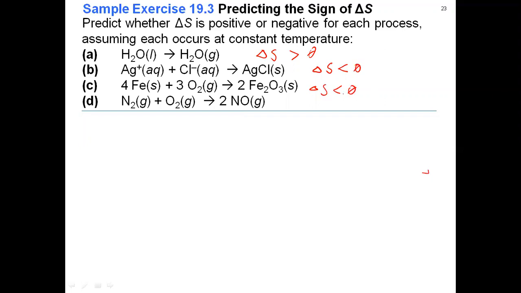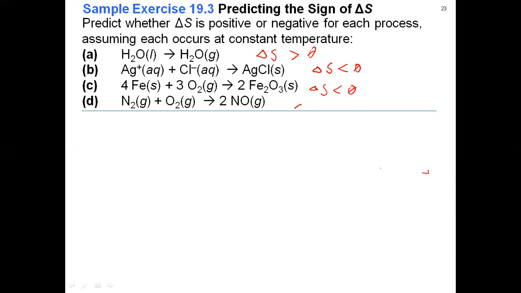So why, Madison? Why is this also negative? I think the reason is that we start with some gas, then we finish with a solid, so our entropy decreases, because in gas we have more chaos, a larger S or larger entropy.